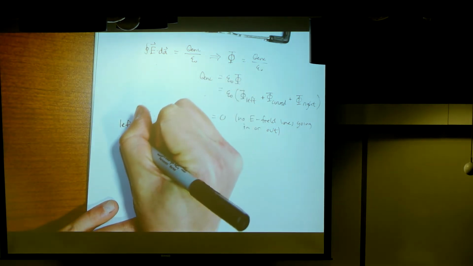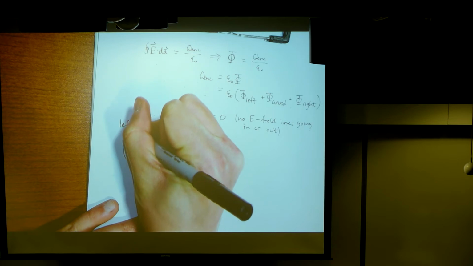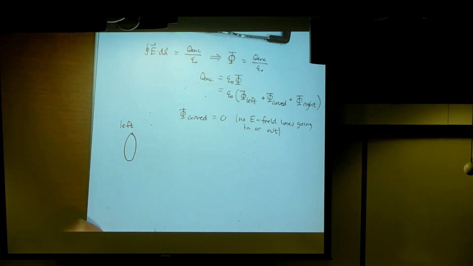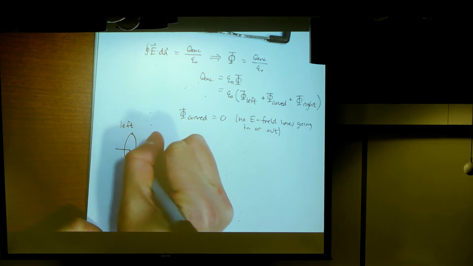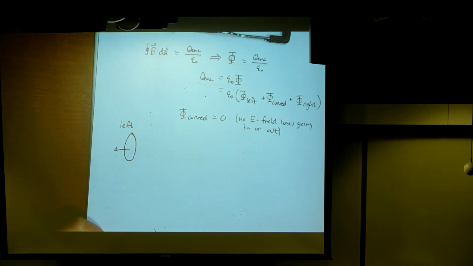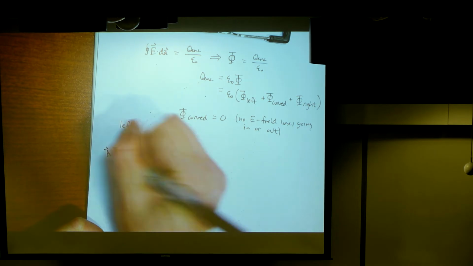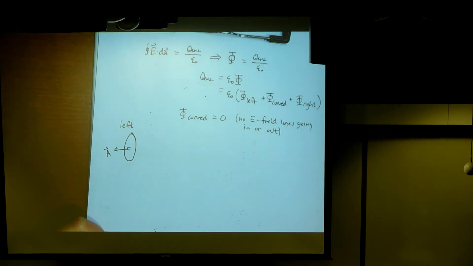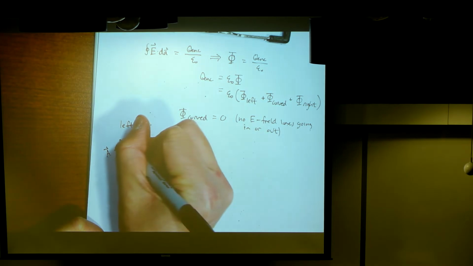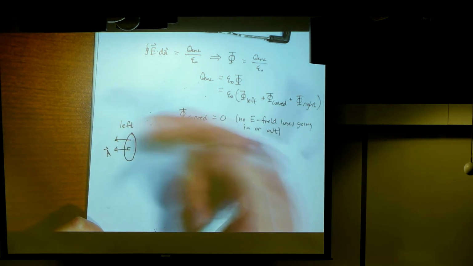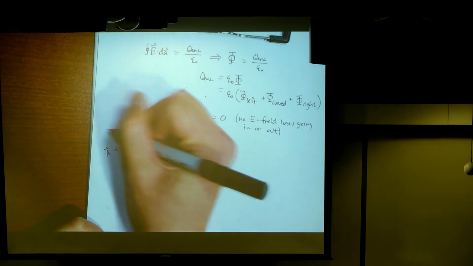We have a circular area, and remember, the area vector points out away from the inside of the surface. So this would be my area vector for the left end cap, pointing outwards. And if you recall from the picture, I also have an E field, which is pointing to the left as well.